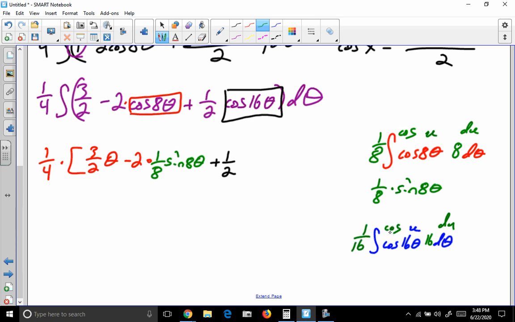So that's cosine of u, that's du. And again, cosine u integrates into sine of u. So cosine 16 theta becomes 1/16 times sine of u, where this time u is 16 theta. And then we have our plus c on the end.